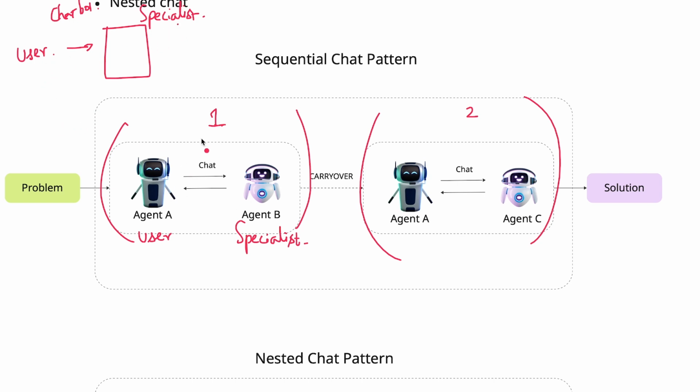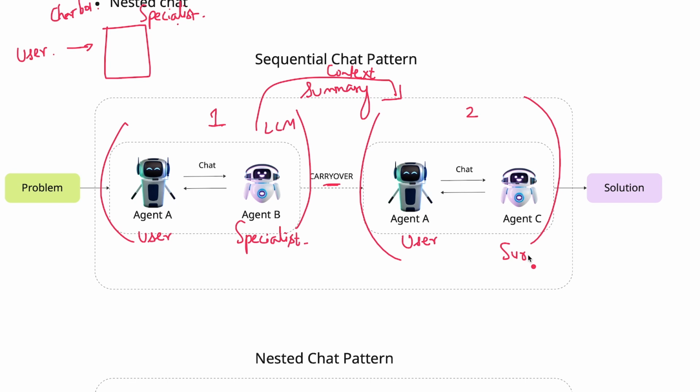All the conversation between the user and specialist is sent to agent chat 2 using this carryover mechanism. Whatever conversation history we have, the LLM summarizes all of it, and the summary is sent as context to your next set of agents, which is agent A and agent C. Agent A is nothing but the user agent again.